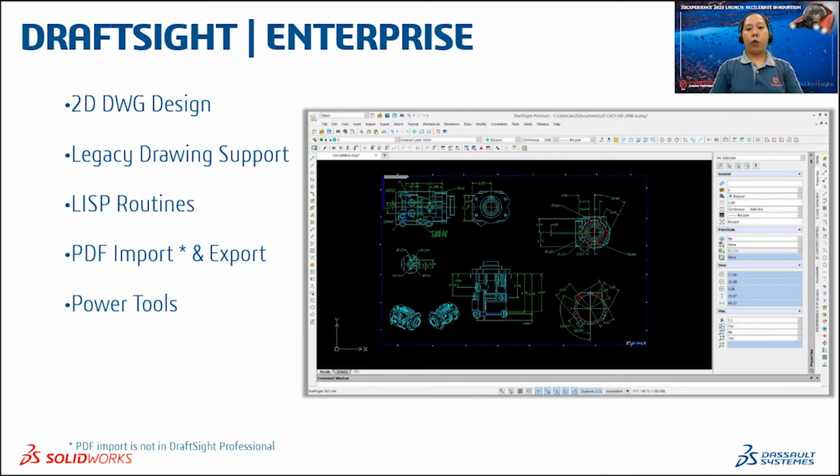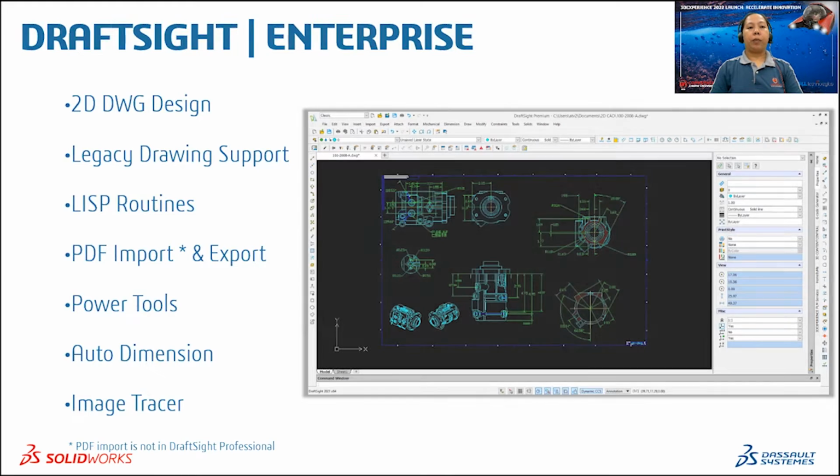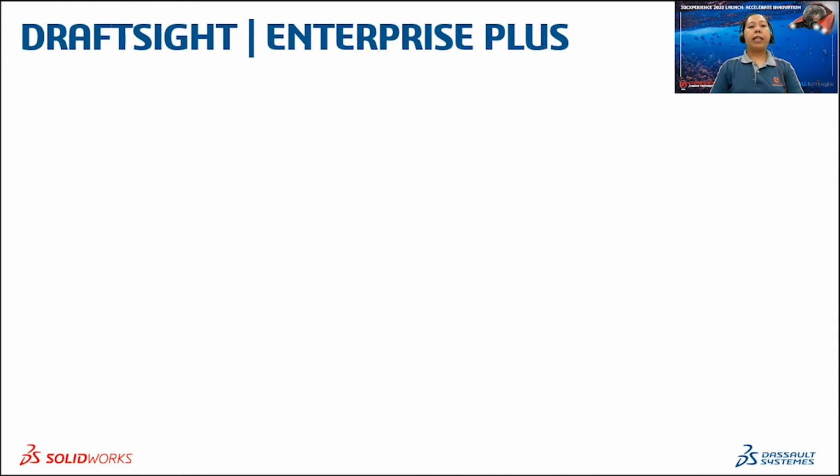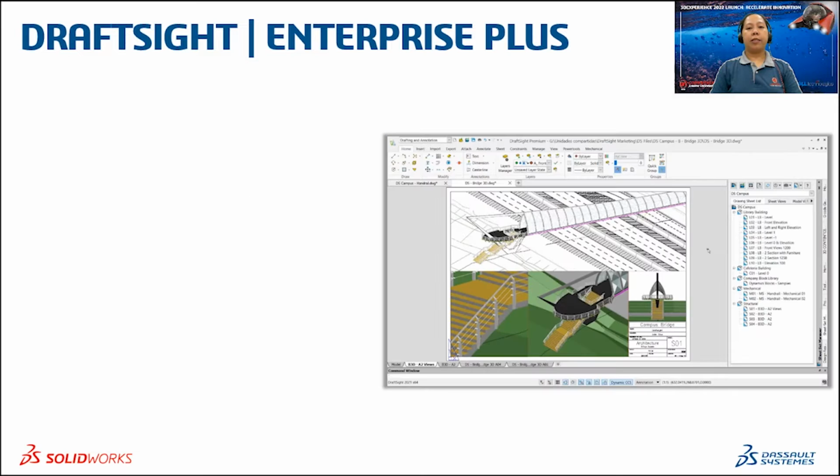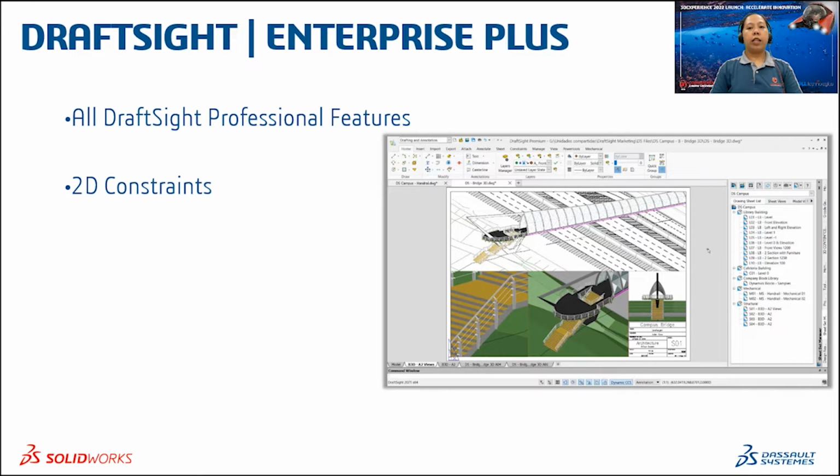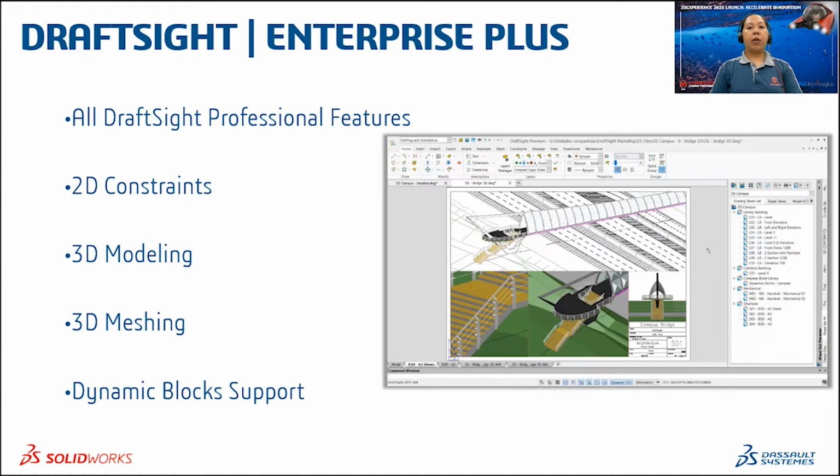It also offers power tools, auto dimension, and image tracer. While the DraftSight Enterprise Plus has all the DraftSight professional features: the 2D constraints, 3D modeling, 3D meshing, and dynamic block support.